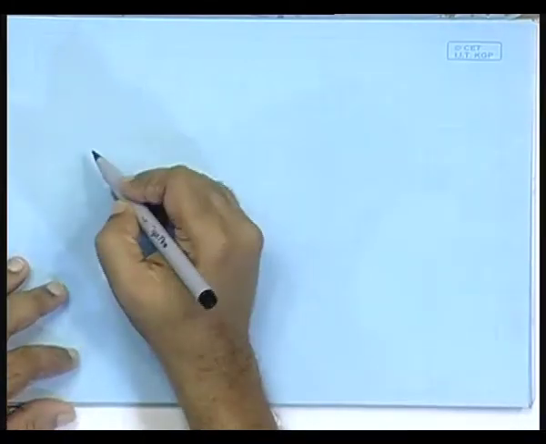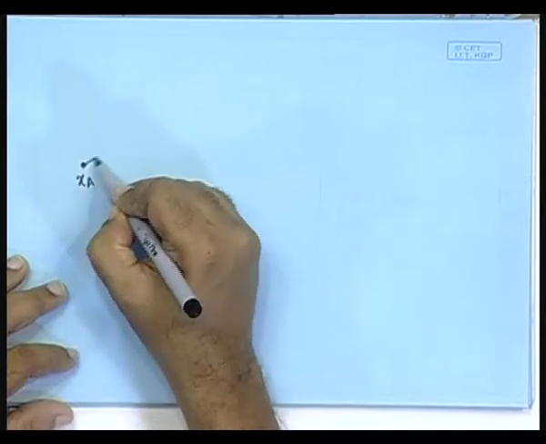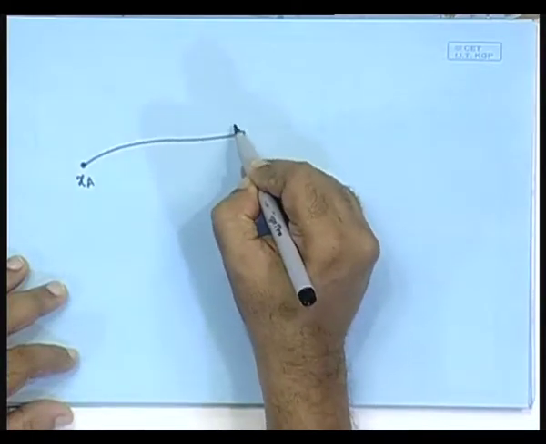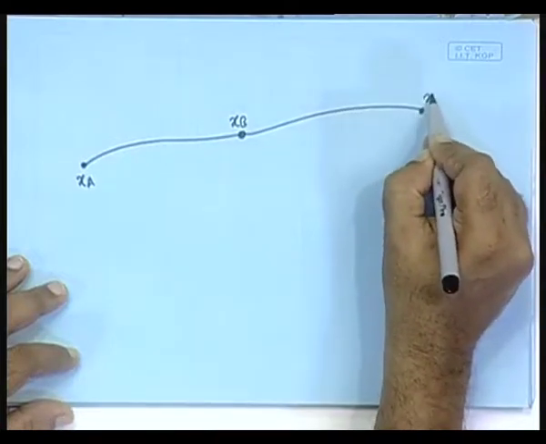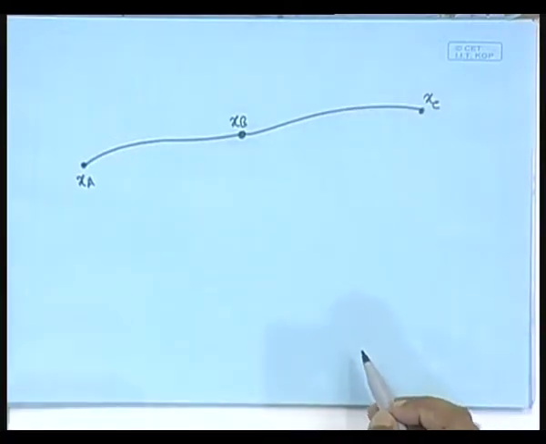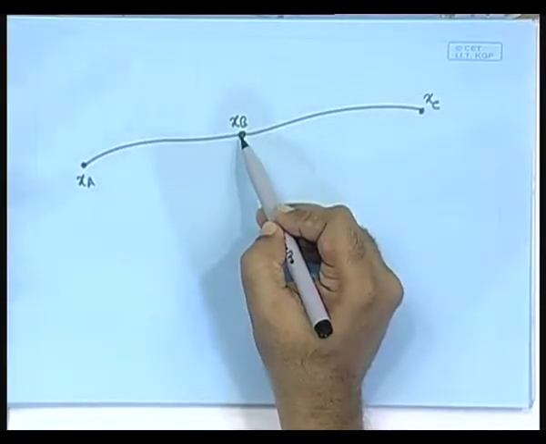Now, in the last class we had started saying that if you have a state x a, then suppose it goes to state x b and then it continues to state x c. In other words, it goes from x a to x c, and in between a state is x b.